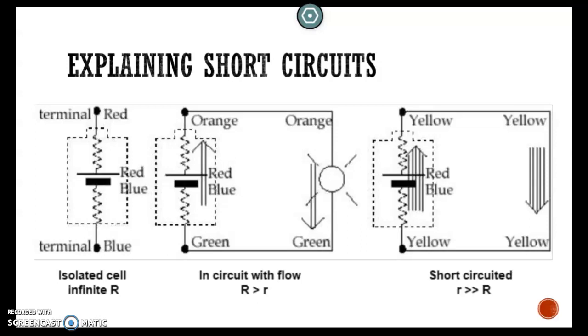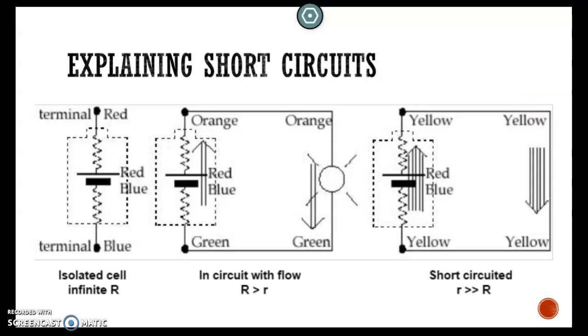It could be like a red-orange or even just close to red, and this could be a blue-green or very close to blue. But as this gets greater, this pressure starts to increase even more from blue up to green and so on and so forth, until the resistance of the circuit over here is essentially zero.